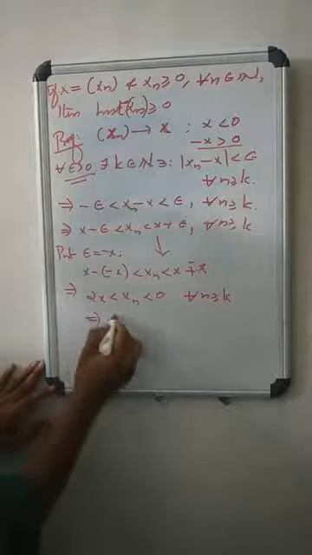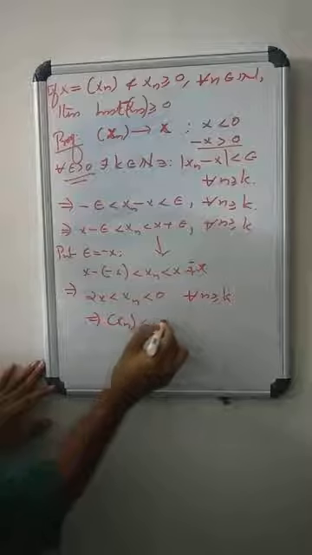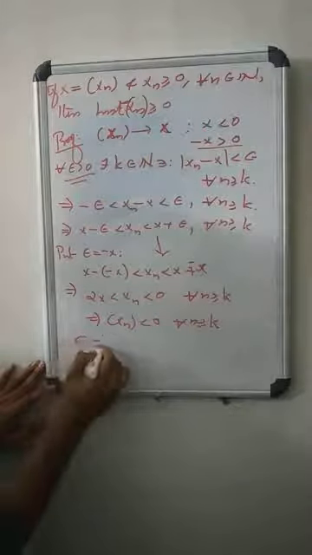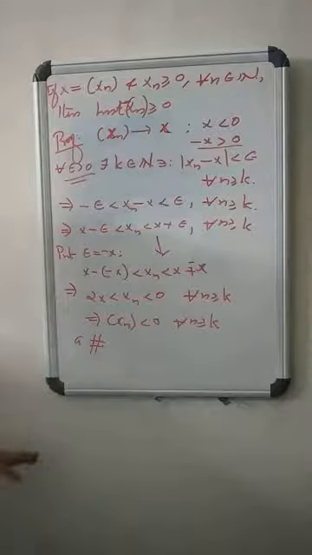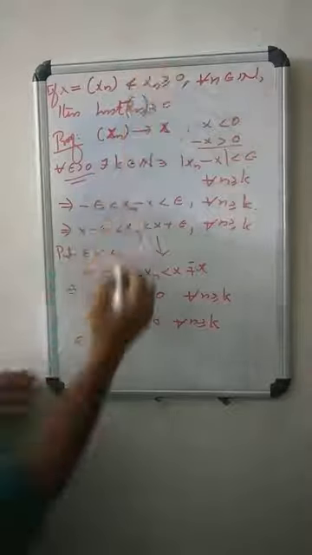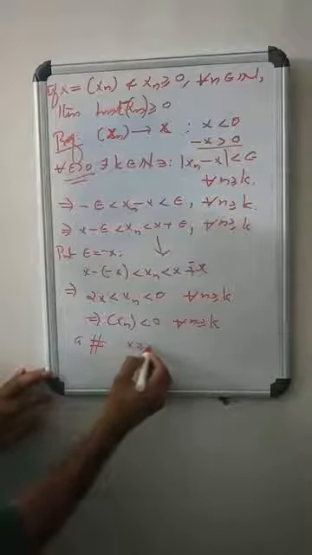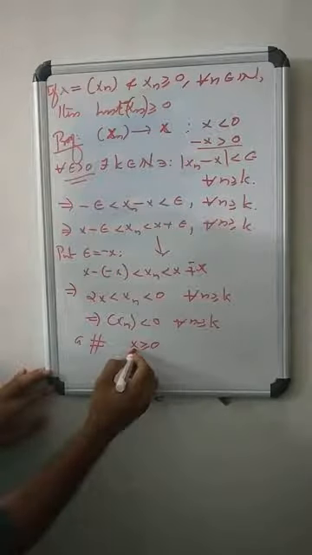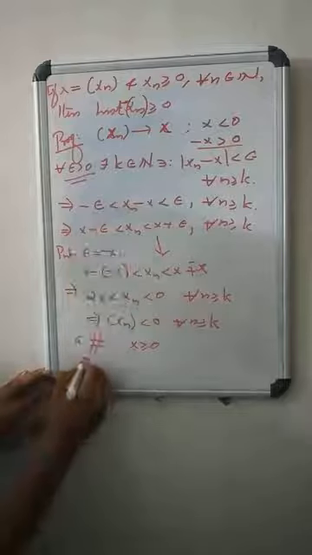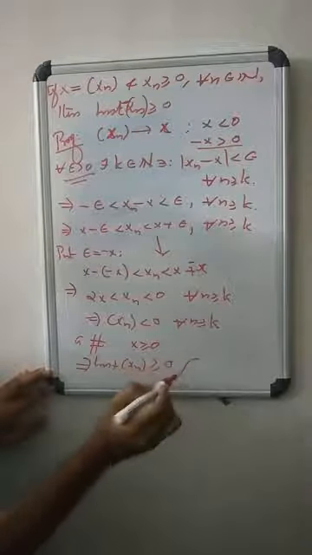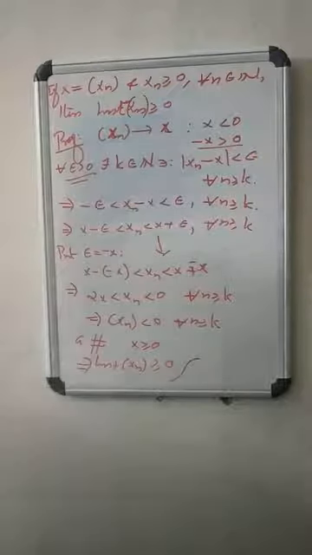That means xn is less than 0 for all n greater than or equal to k, a contradiction to the choice of this xn where xn is greater than or equal to 0. This contradiction is due to our wrong assumption, therefore x is greater than or equal to 0. What is actually x? x is the limit of xn, that means limit xn is greater than or equal to 0. This is what we deduce.